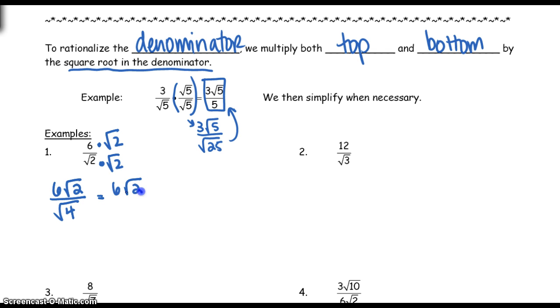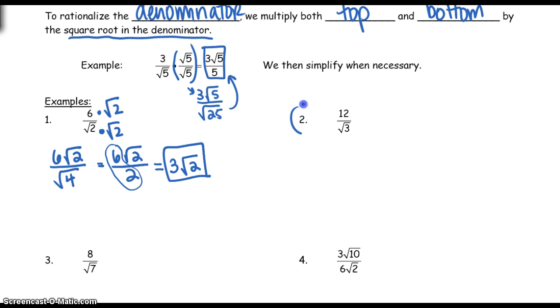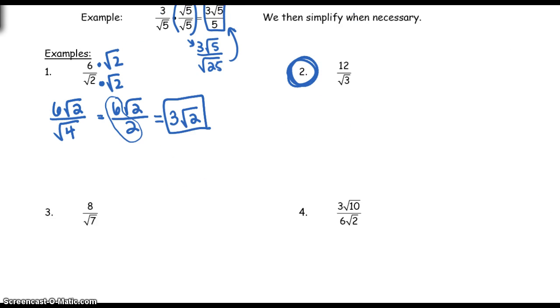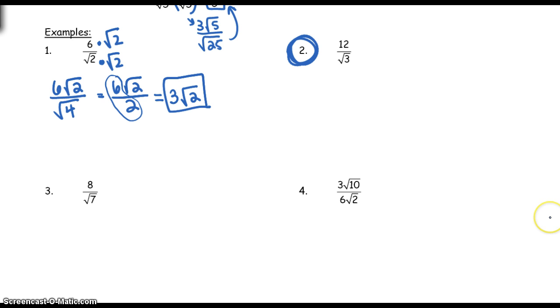The square root of 4 is 2. Now both of these guys are outies. So 6 divided by 2 is 3. So 3 root 2 is our final answer. I want you to try number 2 on your own. It's very, very similar to number 1, almost identical, just different numbers.